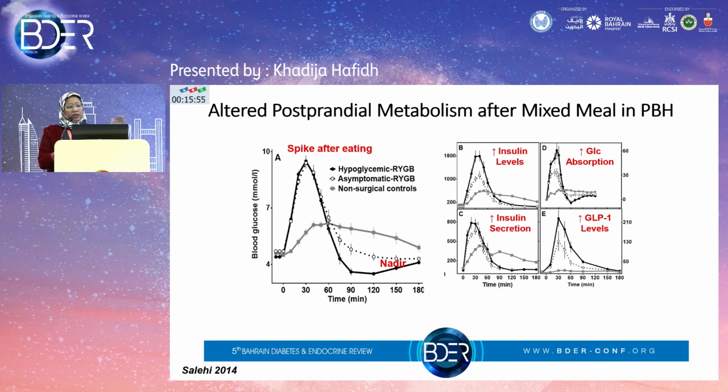And this one shows you, exactly as I've mentioned before, the response for insulin, GLP-1 levels, and the glucose absorption. So again, if you look at the patients who've had bariatric surgery but are asymptomatic, the ones who are symptomatic and the normal controls, you can see that the insulin levels are much higher in the patients that have had bariatric surgery and are experiencing the hypoglycemia.